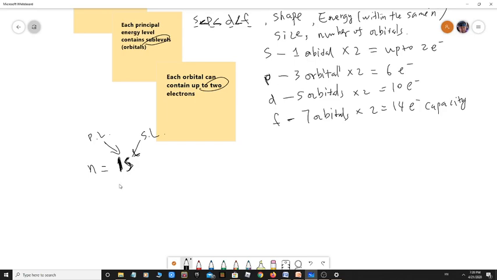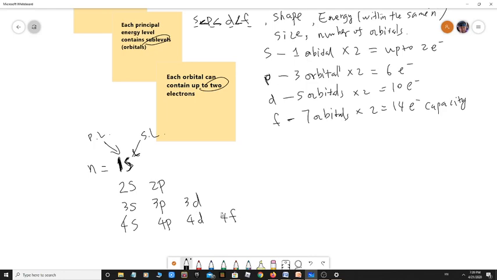When n equals 2, you can have the 2s sublevel, or 2s orbital, and 2p orbital, but nothing else. In the third principal energy level, you can have 3s, 3p, and 3d, 3 sublevels. In the fourth principal energy level, you can have 4s, 4p, 4d, 4f.